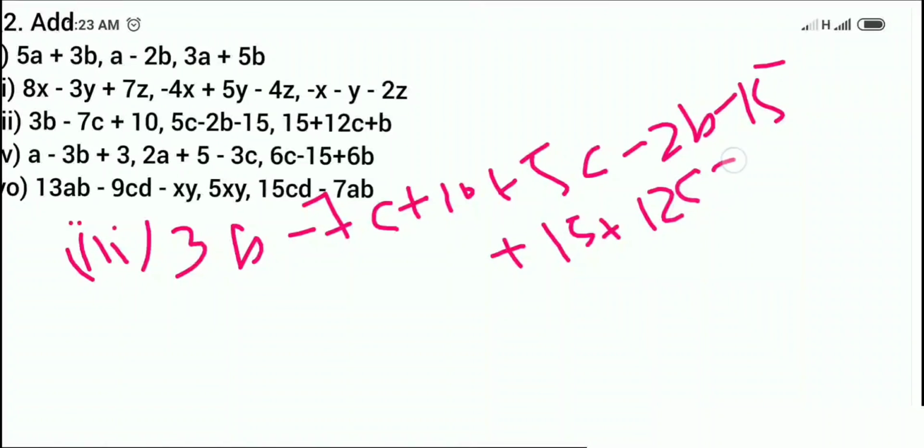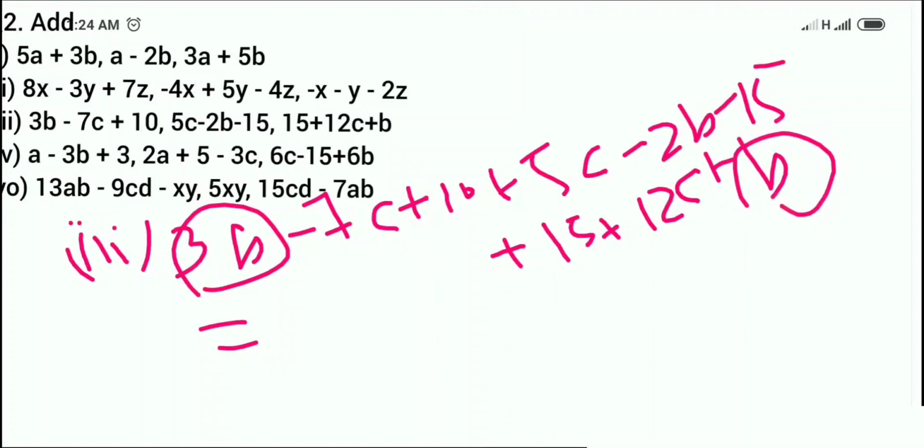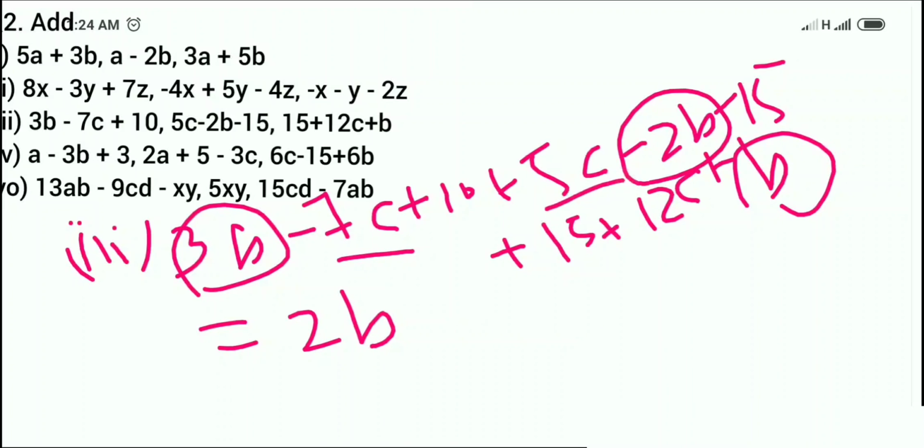C plus b. This becomes equal to 3b plus 1b minus 2b. 4b minus 2b is equal to 2b. 7c plus 5c, that will be after subtracting minus 2c, and then 12c.